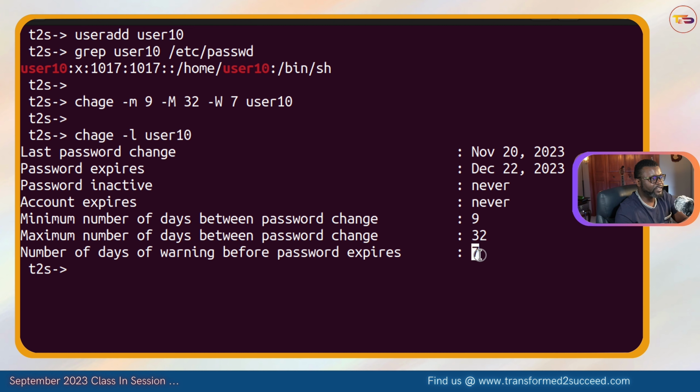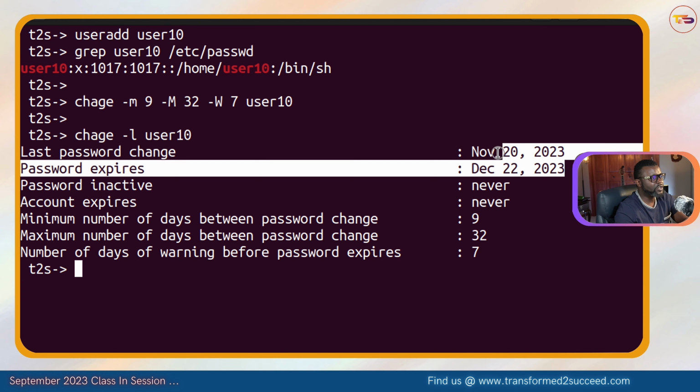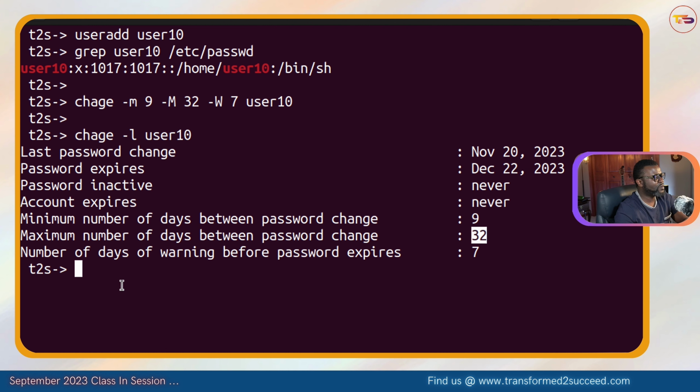And you also have the 7 days, the warning time that they receive, 7 days before the password expires. And then the account is going to expire, and we're going to have to change this. At this point it's only about 32 days for the account to expire, and that's this one here.